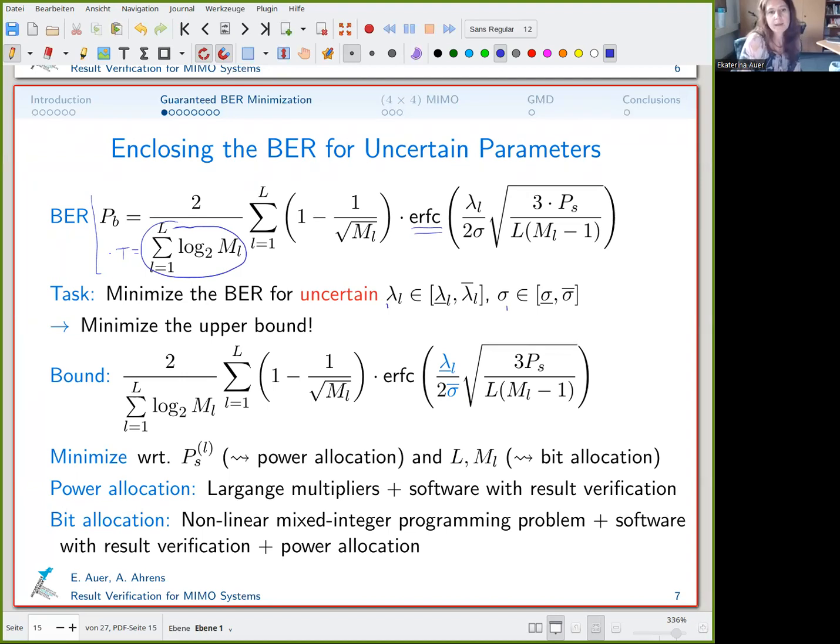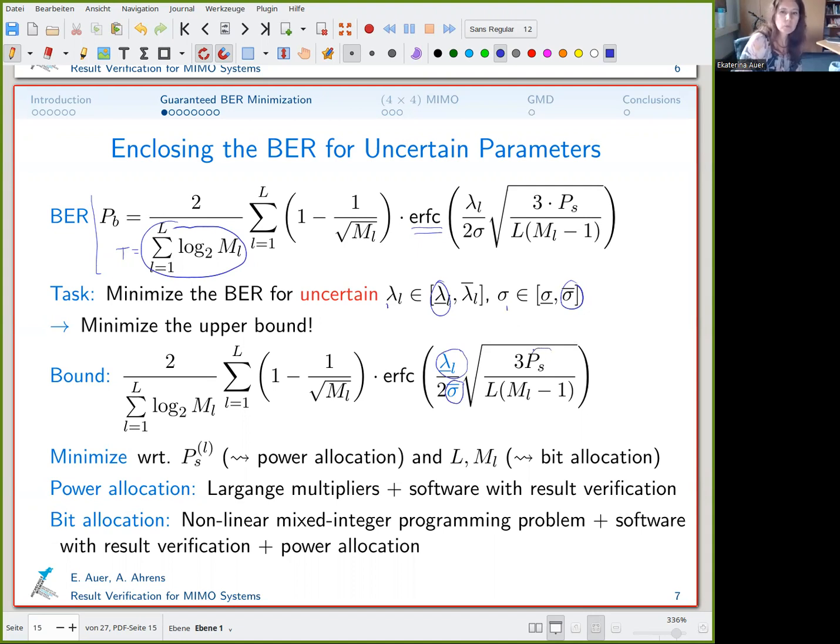The upper bound looks the same as here, but we now use the lower bound for the singular value and the upper bound for the noise. It is possible in this case to do this on a piece of paper, because the function is quite simple and monotonic.